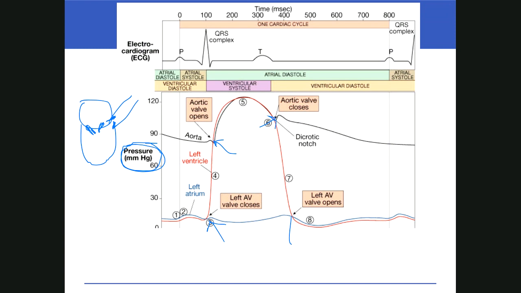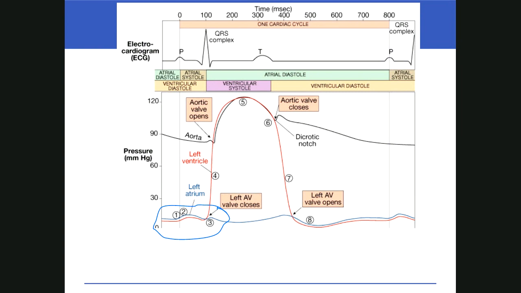So if we look at this first, look over here. Where is the pressure higher? Is it higher in the atrium or is it higher in the ventricle? Look over here. Which line is higher, the atrium or the ventricle? Look at it.